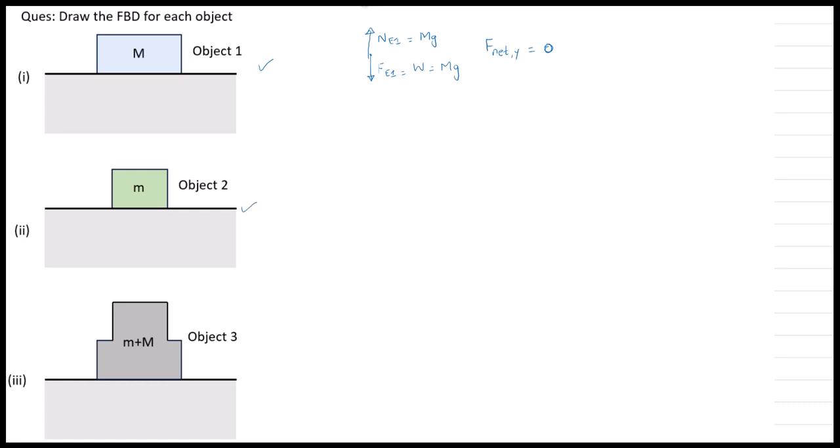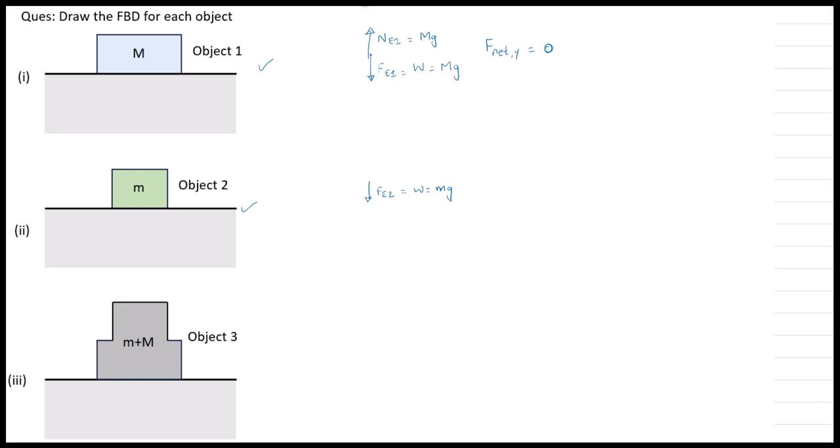This time an object of mass small m, the free body diagram will look exactly similar, except the values will be different. This time the mass is smaller, so the force by Earth on object 2 will be the weight of the object, given by small m times g.